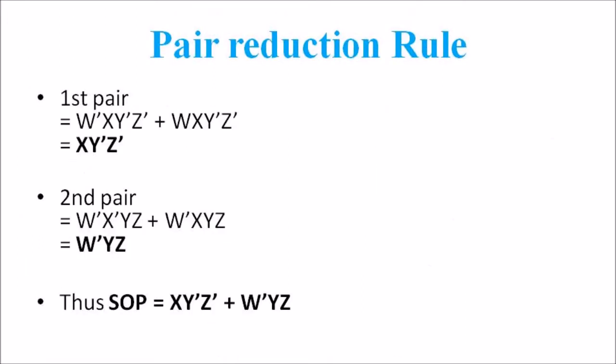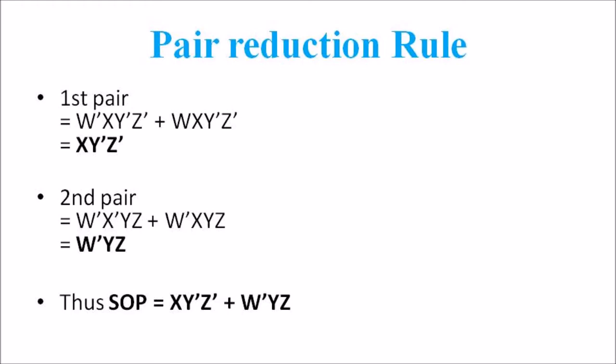Now, we will remove the variable that changed in the first and second pair. Looking at the first pair, the W' changed to W, so we have to remove it. And looking at the second pair, the X' is changing to X, so we should remove it.